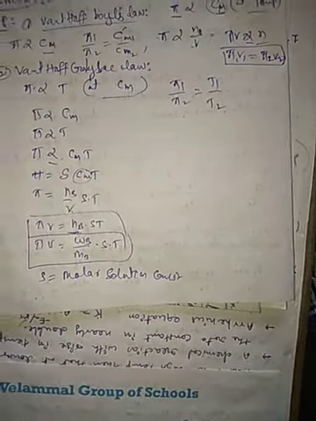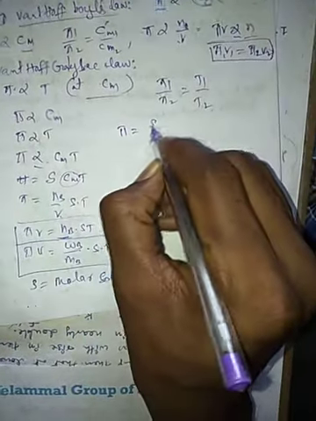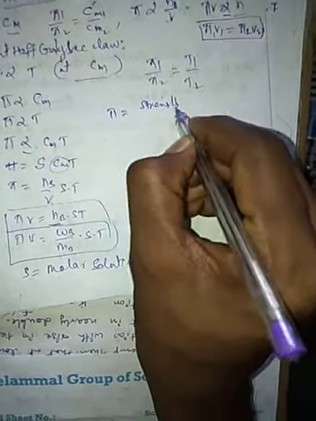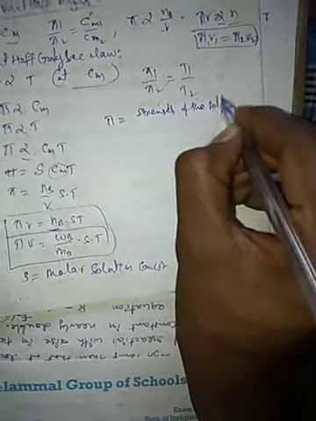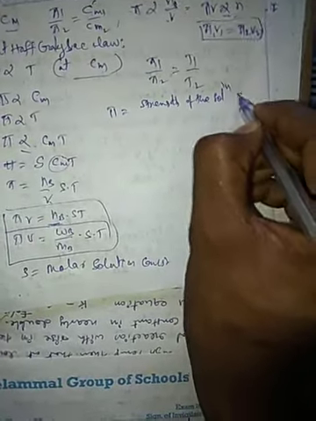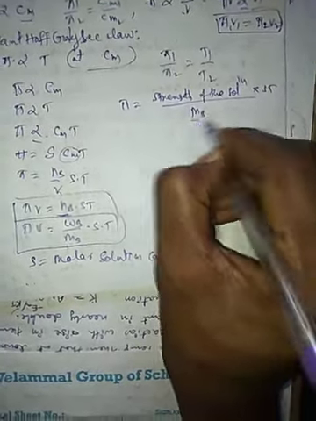And we also have other formulas. We have pi is equal to strength of the solution into ST by Mb. These are the standard formulas, very important.